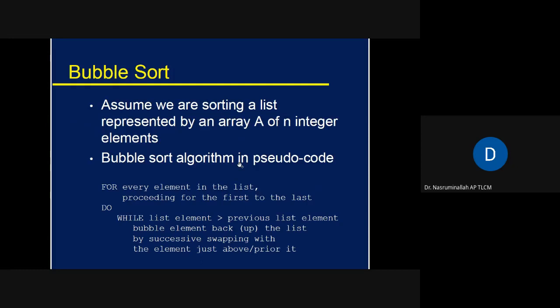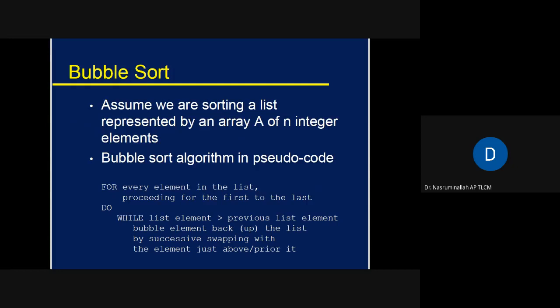The pseudocode for the bubble sort algorithm is mentioned over here. Keeping in view the data arranged in non-sorted, random form, you start from the start of the list of data, and you keep on performing some specific operation till it ends. So what is that specific operation?